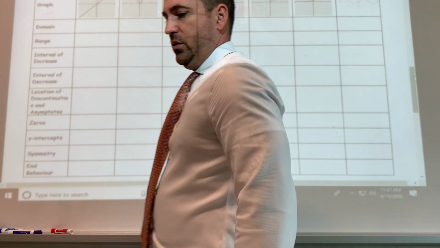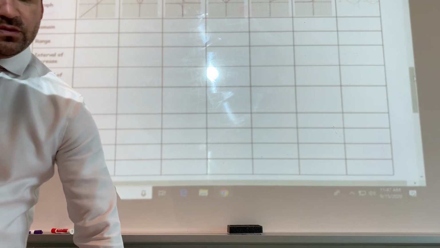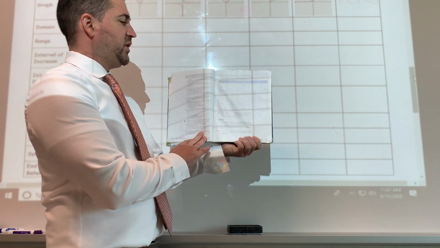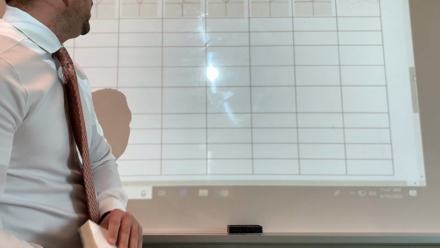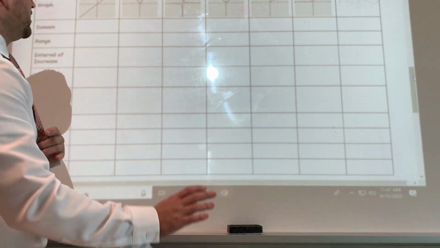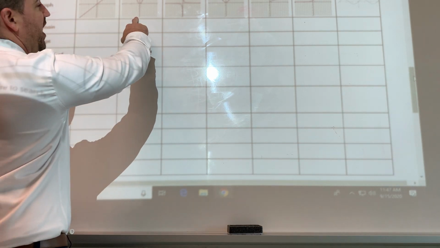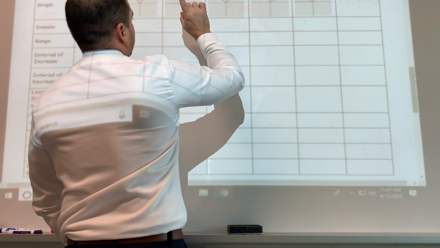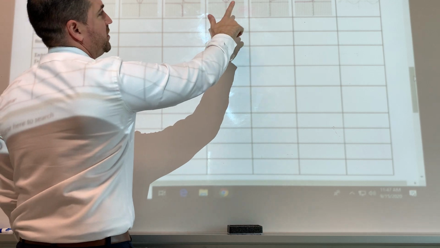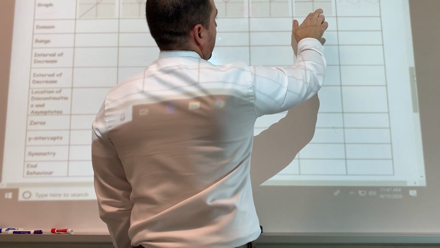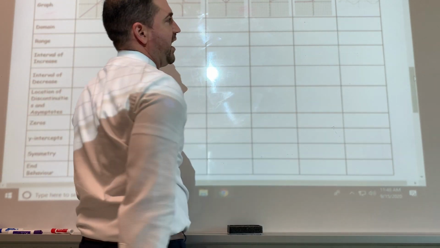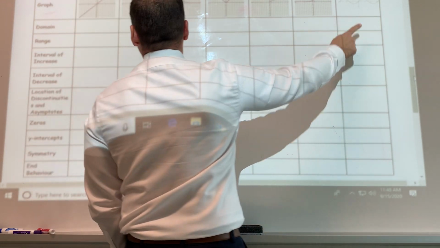Okay, so this is the table that's on page 25, number 12, and we have various different functions. We have linear, quadratic, reciprocal, absolute, square roots, exponential, and then the sinusoidal, okay?